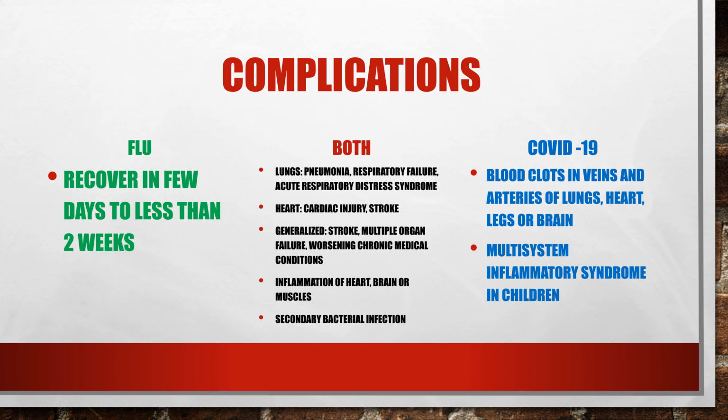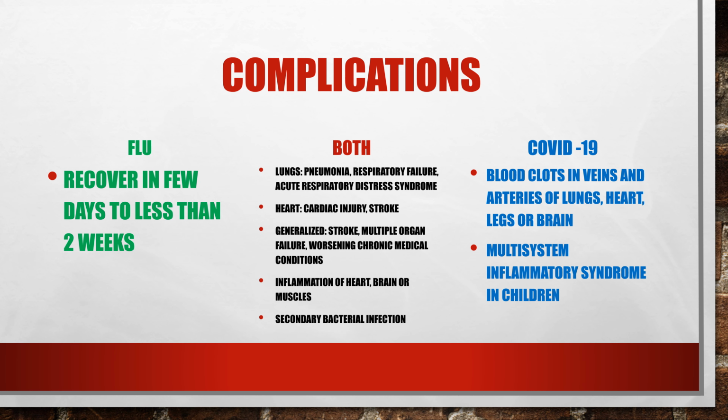But you can have pneumonia or respiratory failure with both of these, as well as acute respiratory distress syndrome, which is pretty much your lungs being filled with fluid because of the inflammation that happens from being infected. You can also have infections of your heart, where you can have cardiac injuries, including a heart attack, and you can also have stroke, and these are very severe cases.